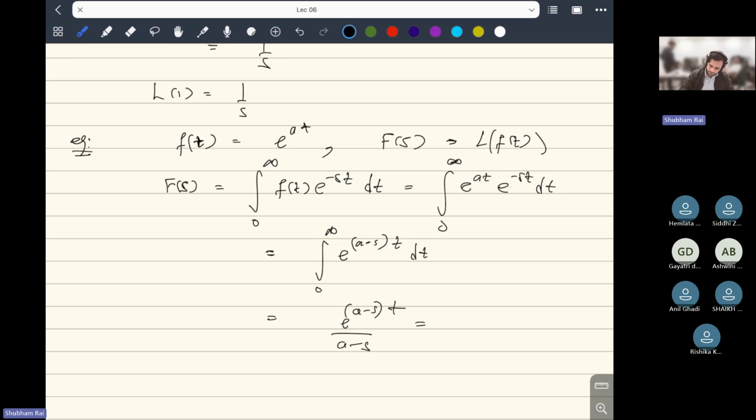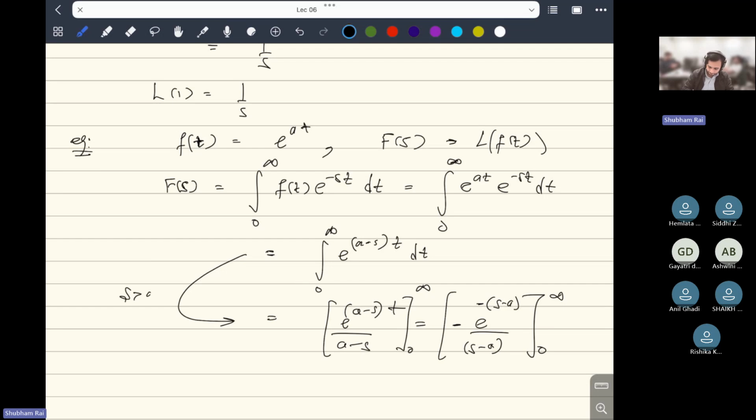And it is 0 to infinity, and we are assuming that s is greater than a. So finally you can write it as 1 over minus, here s minus a, and this is going from 0 to infinity. Yeah, I didn't go suddenly from this step to this step; we have assumed that s is greater than a. Okay, only then can you write this step to this step.